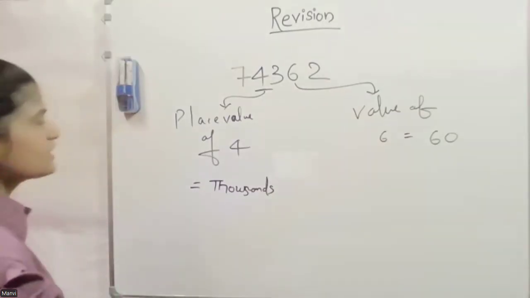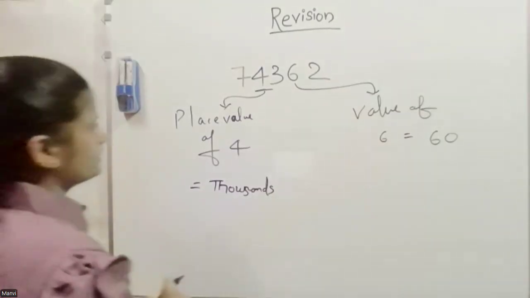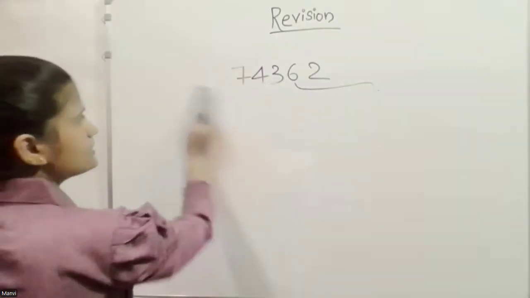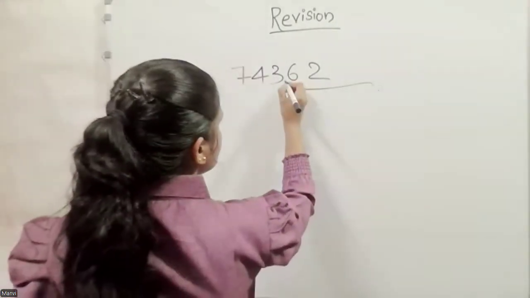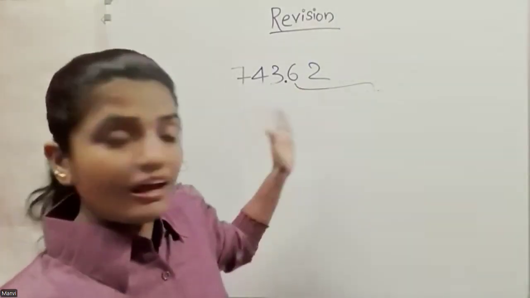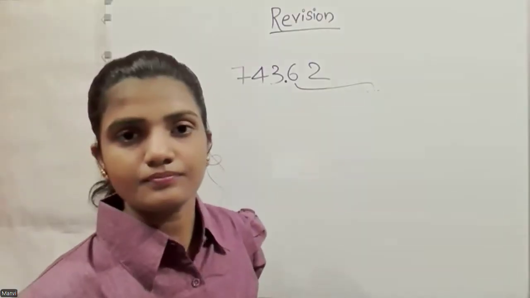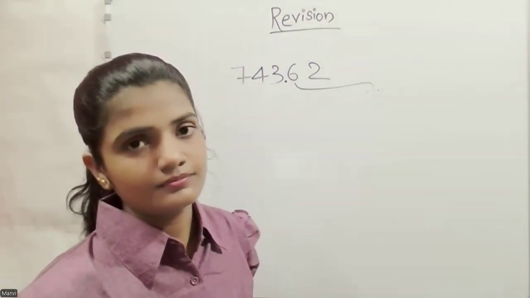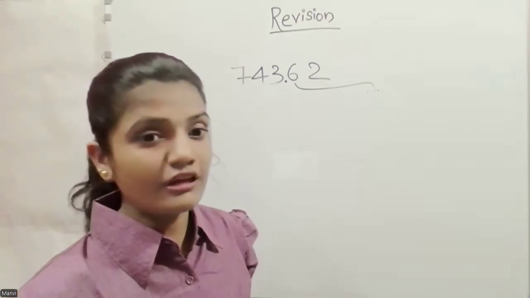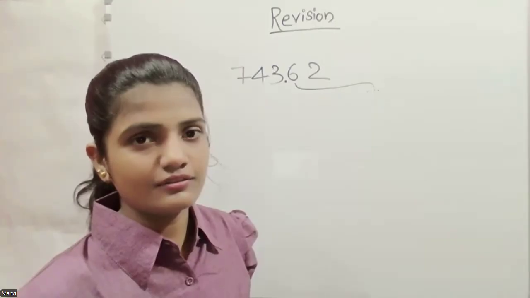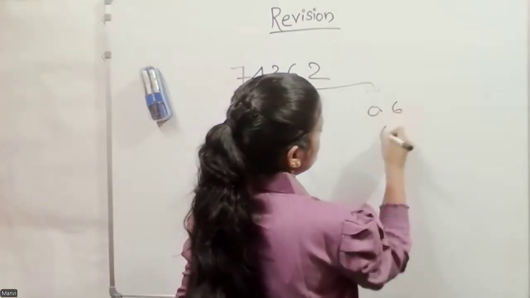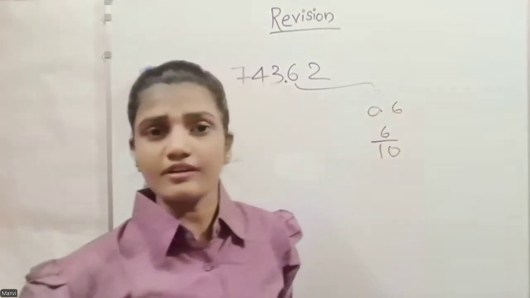Okay. If we have a decimal placed here, what will be the value of digit 6? It will be 0.6, or 6/10.